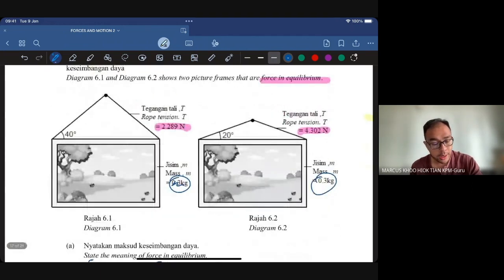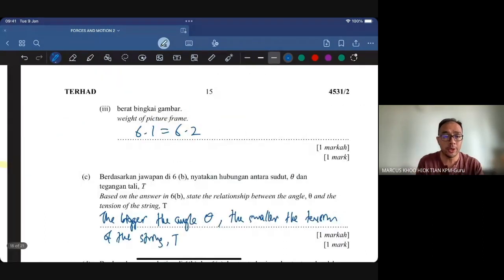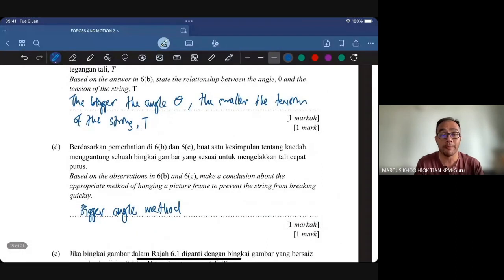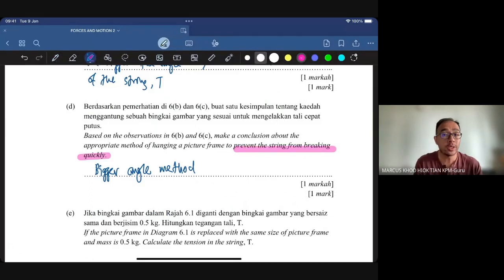If we use a bigger angle, our tension is smaller. When the tension is smaller, it won't snap so easily. If the tension is big, it is very easy to snap. The point is you want to prevent the string from breaking quickly. So use the bigger angle method.